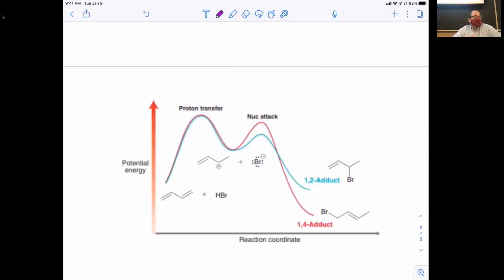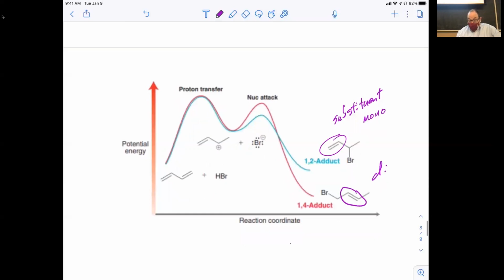What's the other difference you see here? Well, this one has how many substituents? If we look at that double bond, this is monosubstituted, right? What about this one? It's disubstituted. What do we know about the stability of alkenes?